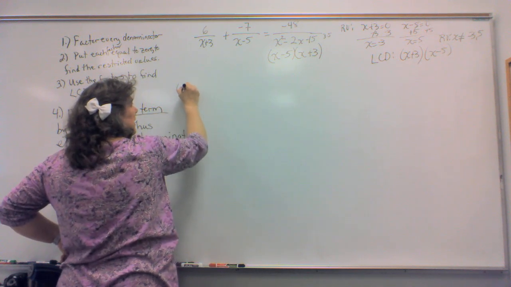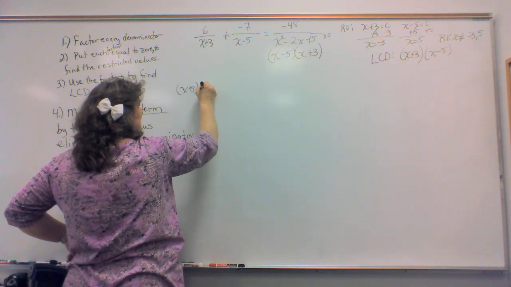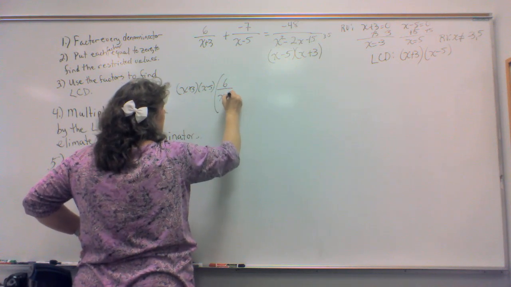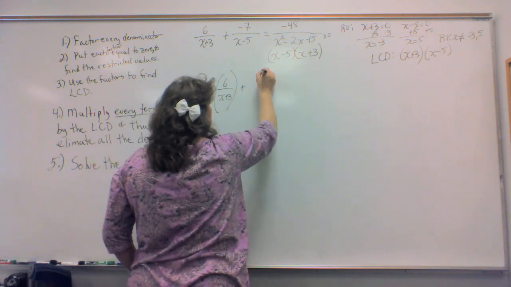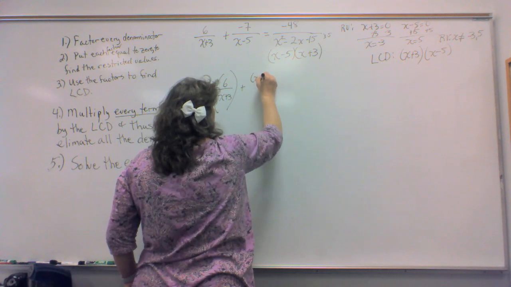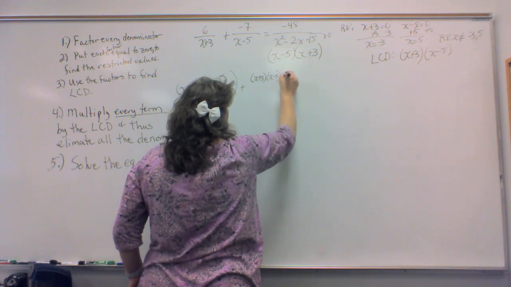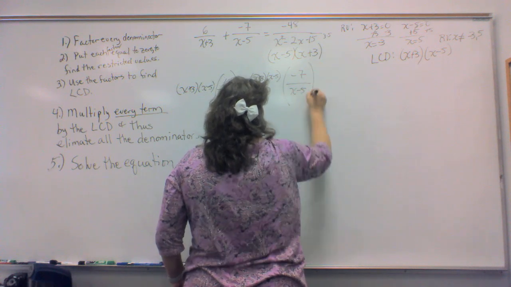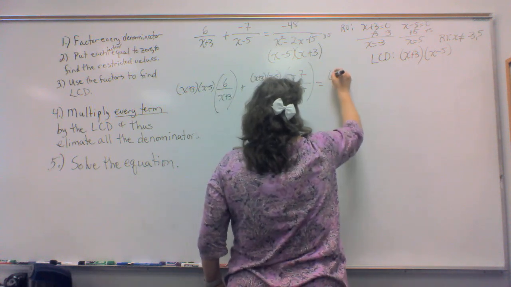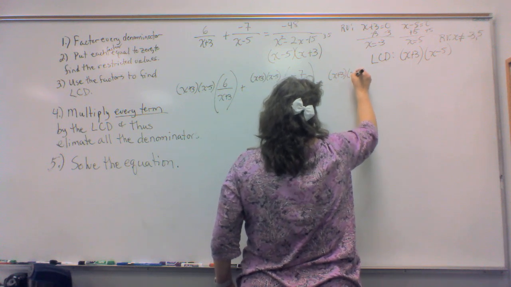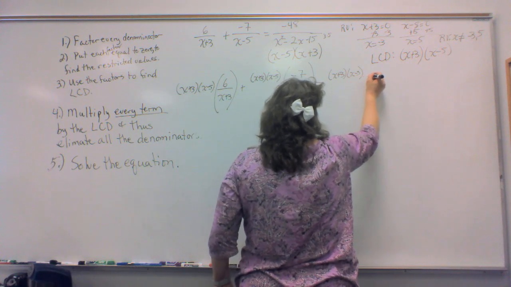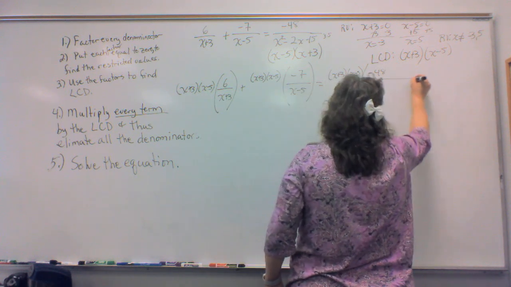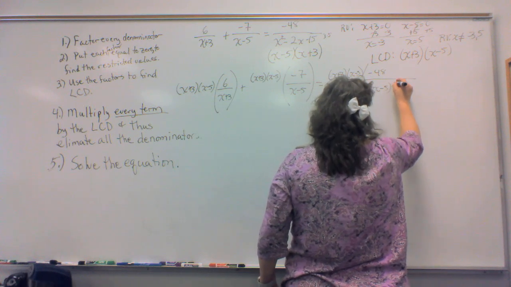So x plus 3 times x minus 5 times 6 over x plus 3, plus negative, x plus 3 times x minus 5 times negative 7 over x minus 5, equals x plus 3 times x minus 5, and these are in the numerator, times negative 48 over x minus 5 times x plus 3.